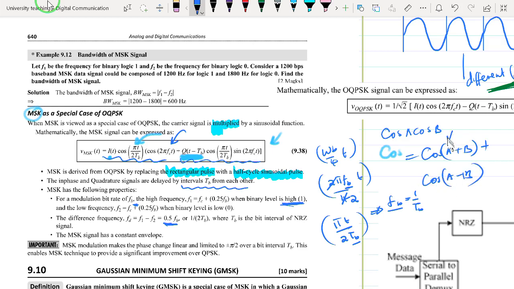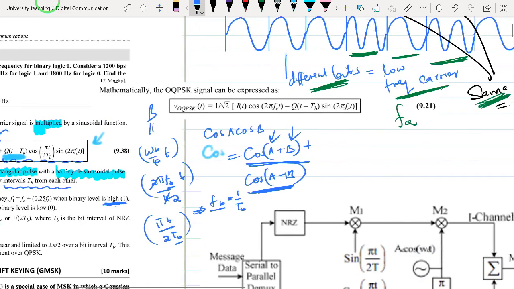So if our A is our high frequency component and our B is our low frequency omega_b over 4 component, then we can be sure that the sum component might be used to represent the symbol 1, and the lower frequency, that is A minus B, can be used to represent the symbol 0.